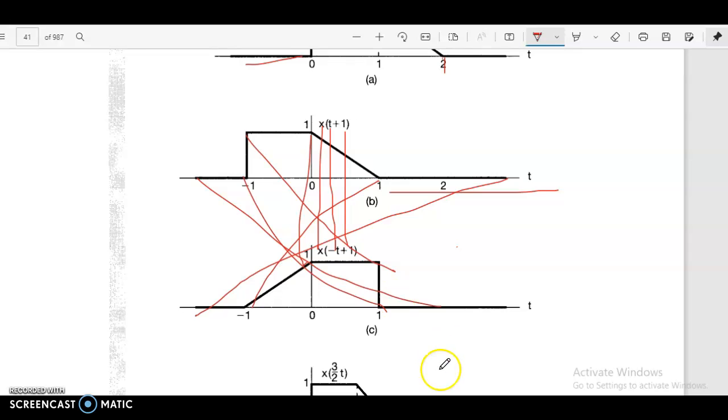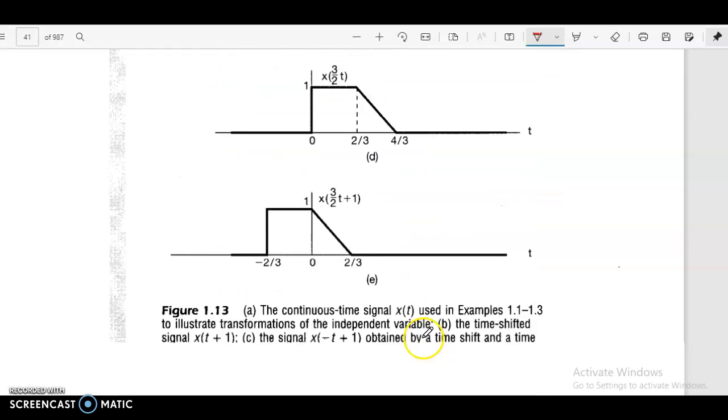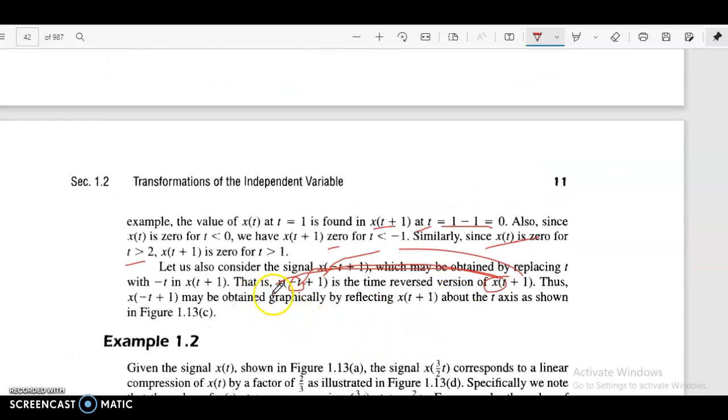So x of minus t plus 1 is the reversed version of x of t plus 1.